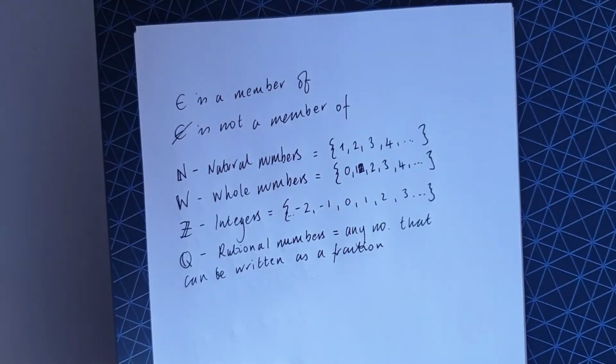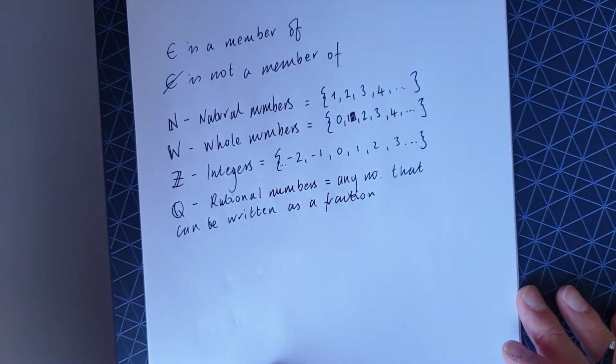But an example of a number that wouldn't be encompassed would be √2. You couldn't write √2 as a fraction.